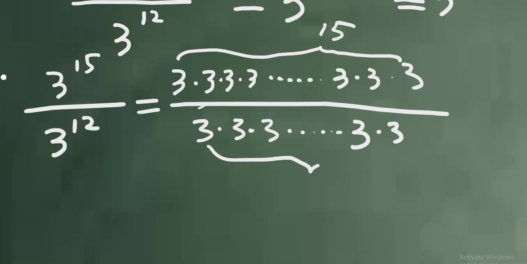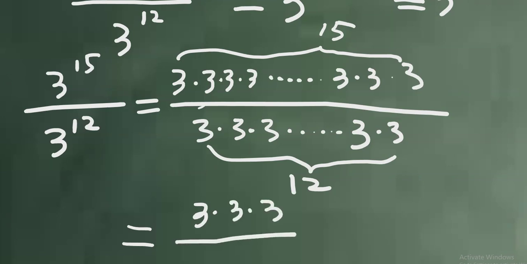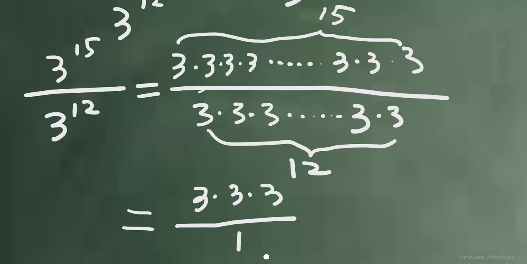In total, it's 12 threes. So we can cancel 12 threes from the numerator and denominator at the same time. Then we're going to have 3 times 3 times 3 in the numerator, and 1 in the denominator. So this equals 3 to the 3rd power. So for a division of exponents, we subtract the powers and the base has no change.